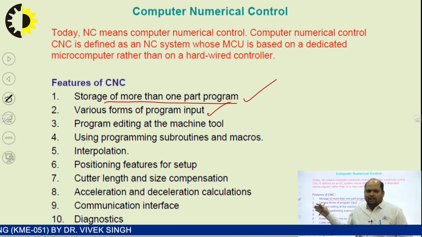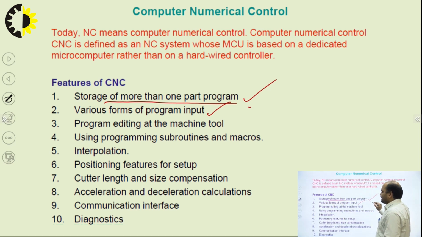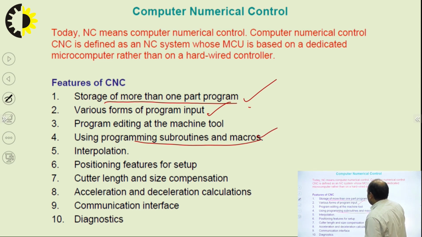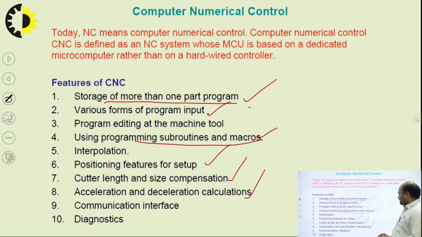In a CNC machine system a part program can be saved and later changed as per the need. Using programming subroutines and macros, interpolation, positioning features for setup, and cutter length and size compensation are easily possible. Acceleration and deceleration calculations are handled, and the communication interface between machine and computer is good.